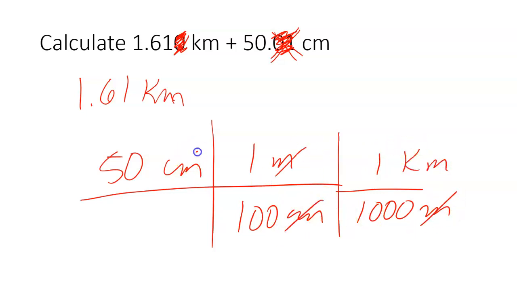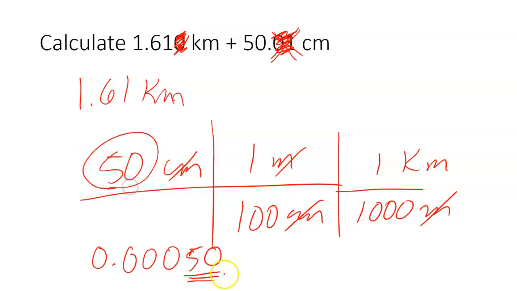So meter, centimeter, centimeter, we will have that in kilometers. That will be 0.00050. Again, I have to keep my significant figures here. I had two. I'm keeping my two significant figures over here. But now this is in kilometers, okay? But I'm keeping my significant figures.